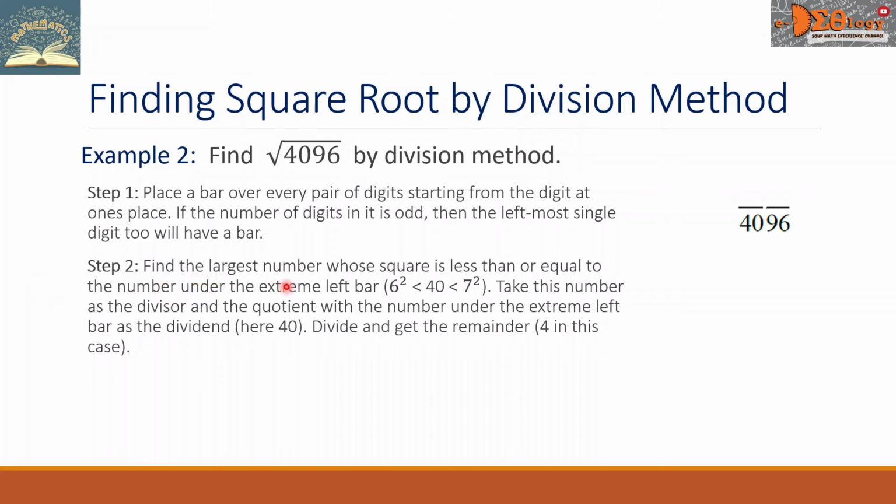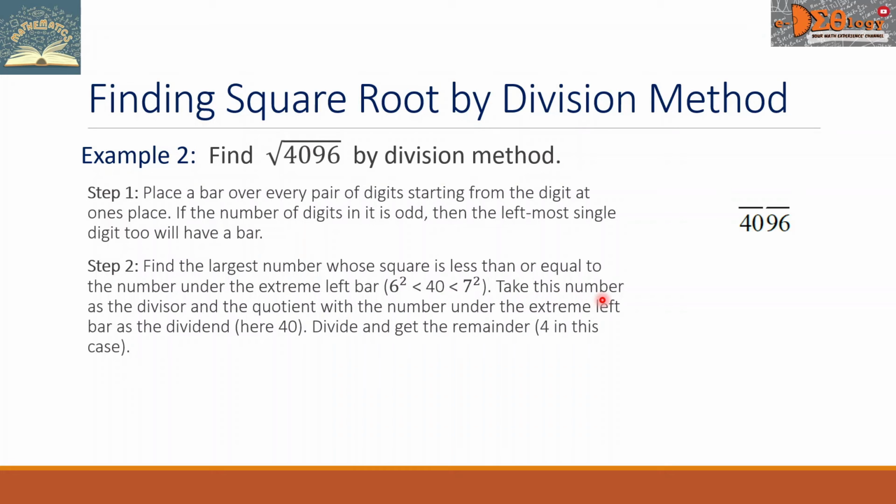We find the largest number whose square is less than or equal to the number under the extreme left bar. In this case, we have here 40. Notice that 40 is between 6 square and 7 square. But in this case, we will use the number 6.